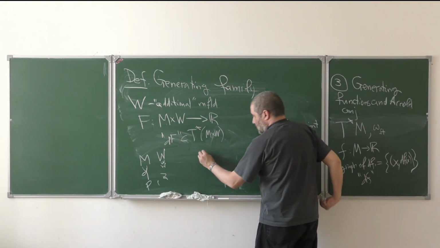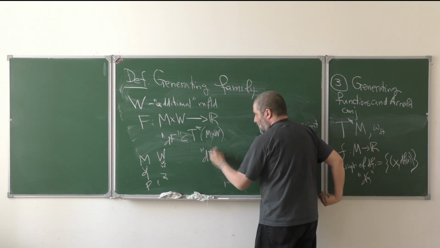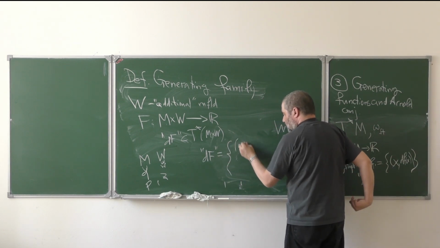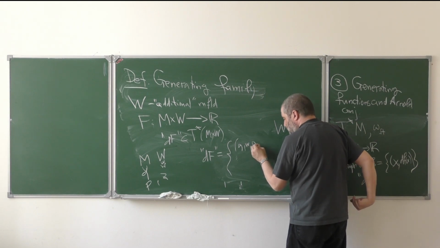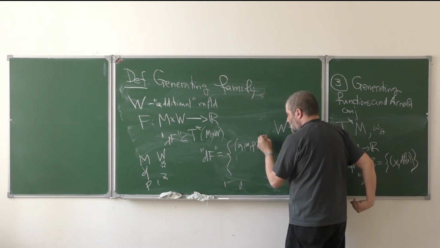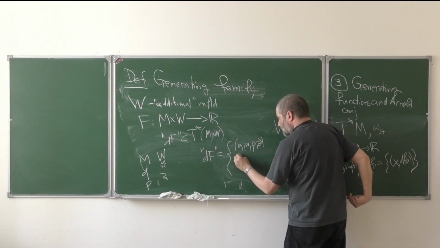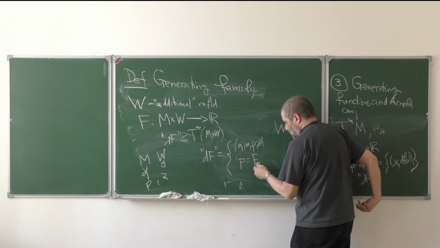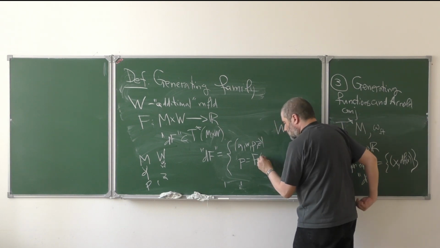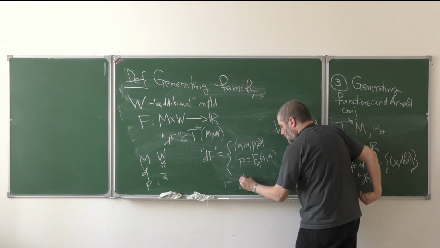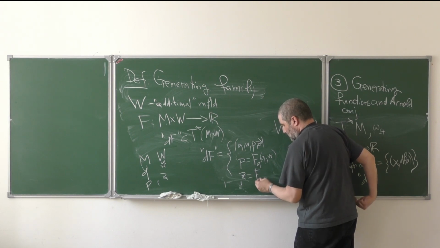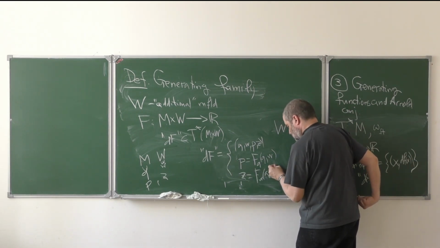What is dF? By definition it is the set of all Q, w, P, and Z such that P is equal to the derivative in the direction Q of F, and Z equals the derivative in direction w of F.